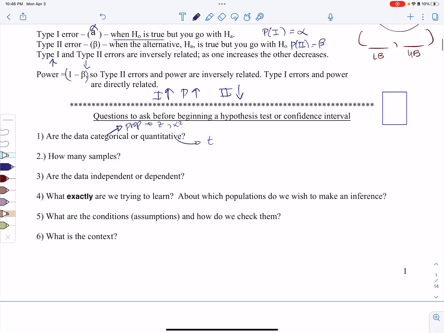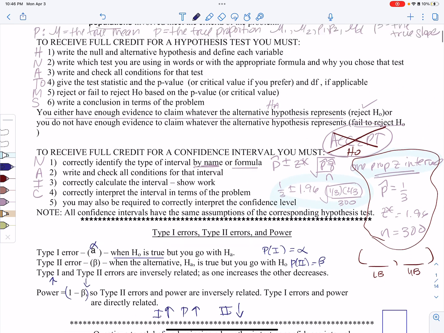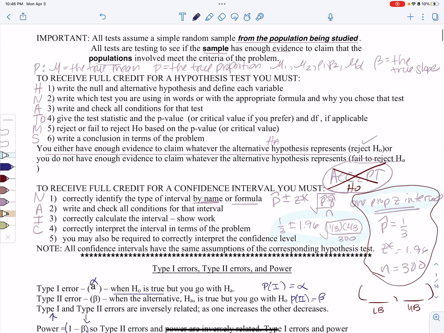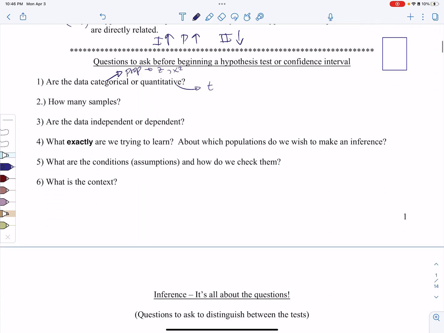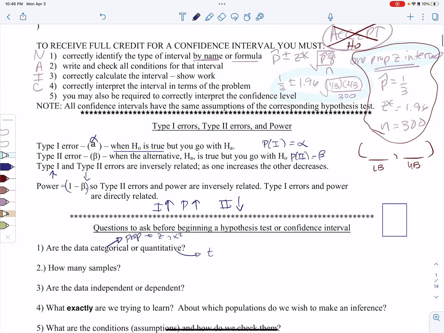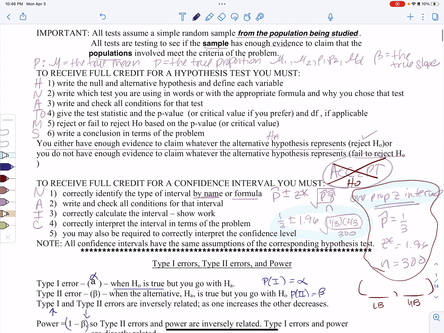So let me jump back here for one more thing, just to remind you what we are actually doing, and then I'll jump back to the test. Remember, on the hypothesis test, I just want to reiterate what you're doing. If you're doing any of the t-tests, it's a normal model where my center is mu.